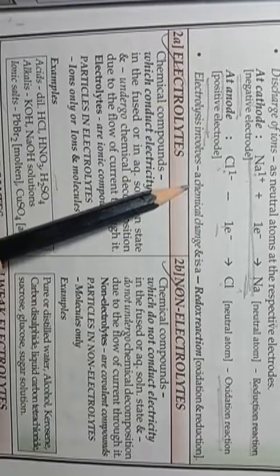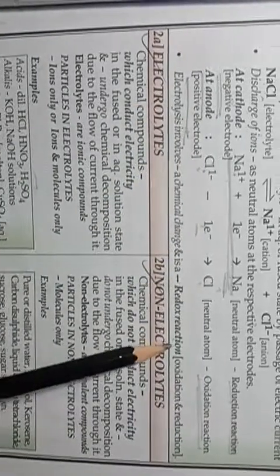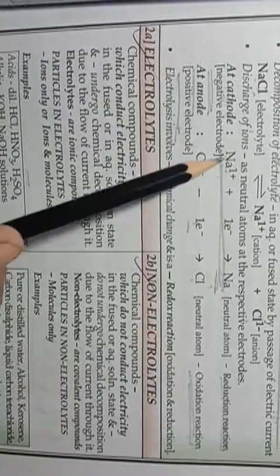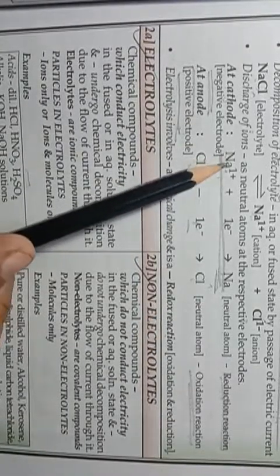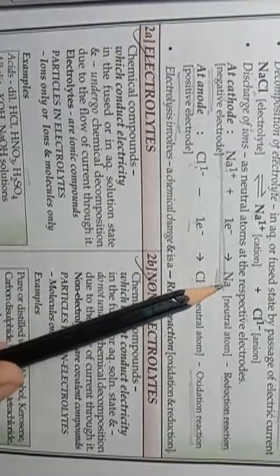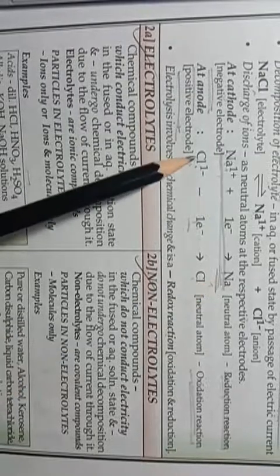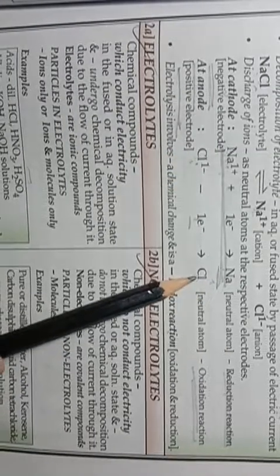Then, electrolysis involves a chemical change and is a redox reaction. As you can see, in the whole electrolysis process, sodium ions get reduced to sodium atoms and chloride ions are oxidized to Cl atoms.